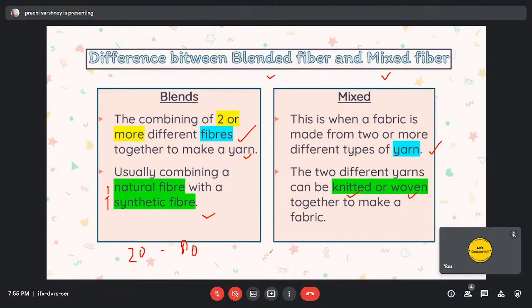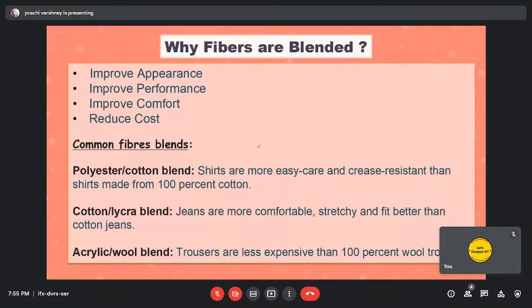Now the question comes to mind: why are fibers blended? What is the purpose behind the blending of fibers? We can improve appearance, improve performance, improve comfort, and reduce cost.